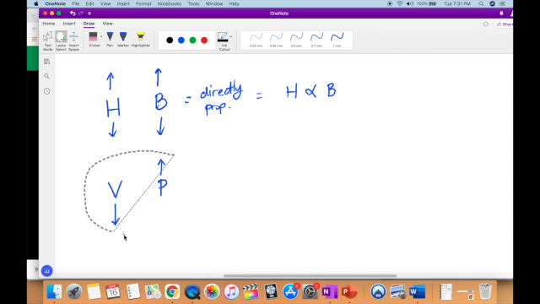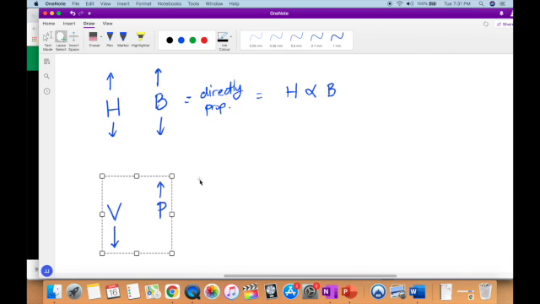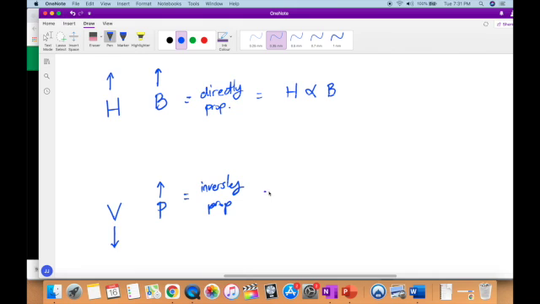Yeah? So you could see here that they are in opposite directions. When one goes down, the other will go up. And when one goes up, the other will go down. So what we call this is inversely proportional. And we say that V is inversely proportional to P, that means it's proportional to the inverse of P. Alright?